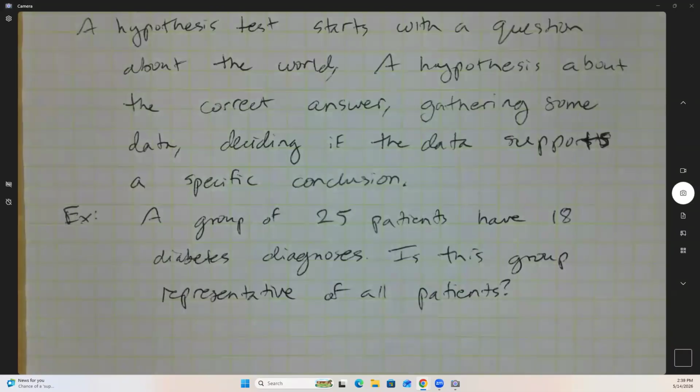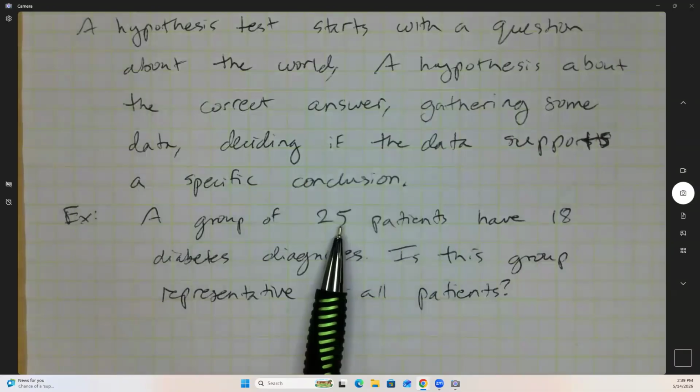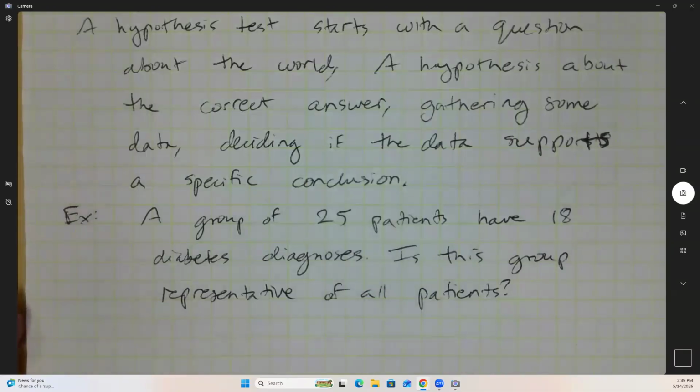Right? There's a question about the world, which is, is this group of patients representative of other ones? There's a hypothesis, yes, they are, or no, they're not, right? That's what you think the correct answer might be. The data is, well, 18 out of 25 of them have a diabetes diagnosis. And then using a binomial distribution, you concluded, oh, 18 out of 25 is very unlikely. So I have evidence that this group is not representative of all patients.